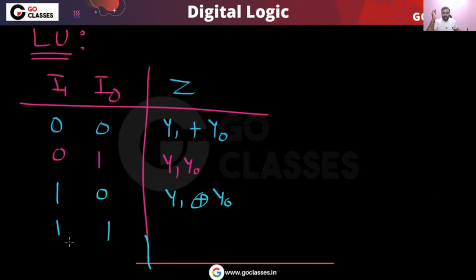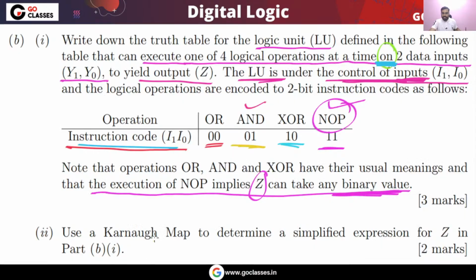In this situation, we don't care about the value of Z. Yes or no? Because remember, when I1, I0 are 1 1, the NOP operation will execute, and we don't care about the value of Z. Z can take any binary value.